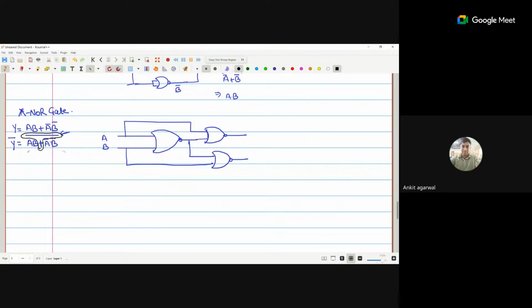Okay, so we have to implement A, B, and A bar B. So here I am getting A plus B bar. This one I am getting A plus B bar plus A whole bar.